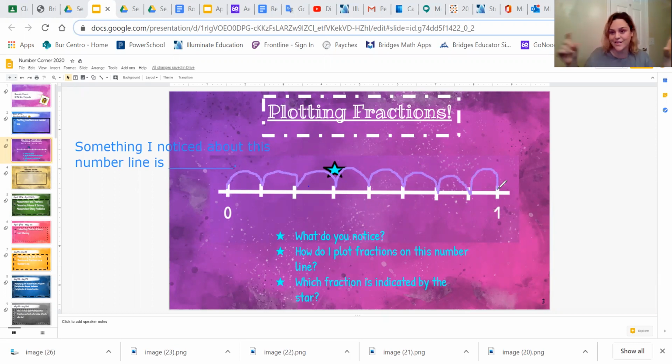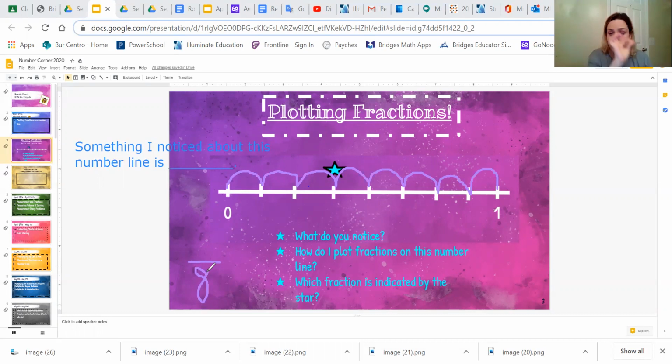So my sandwich, my brownie has been partitioned into 8s. So the number of jumps I counted in total from the way that the whole has been cut or partitioned is going to become my denominator. It's been cut into eighths.